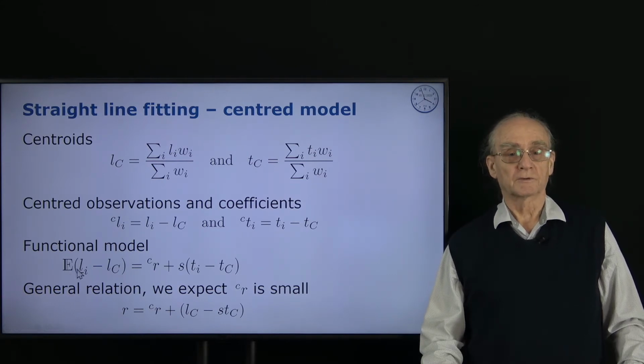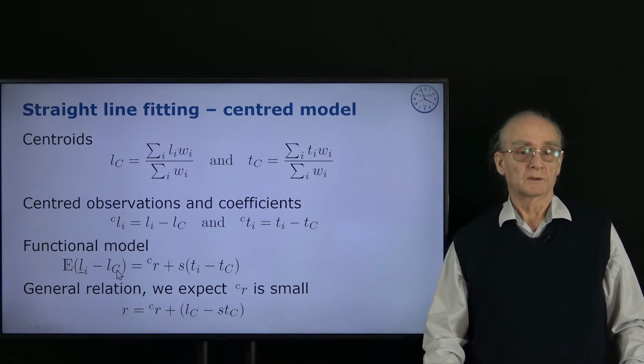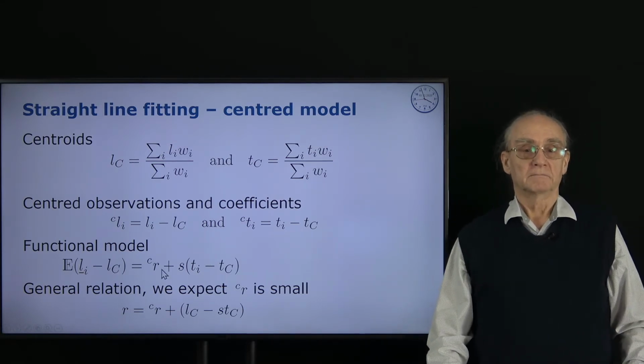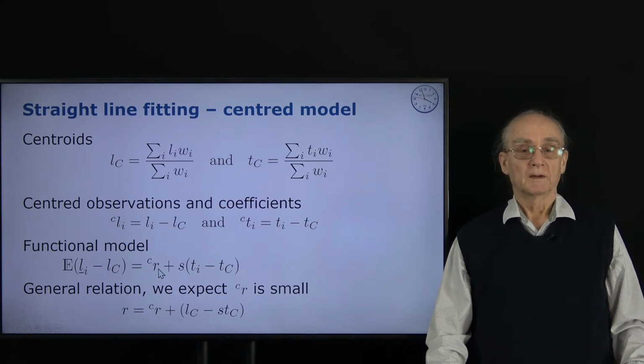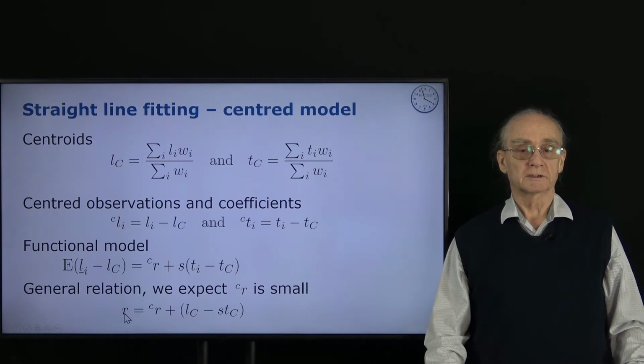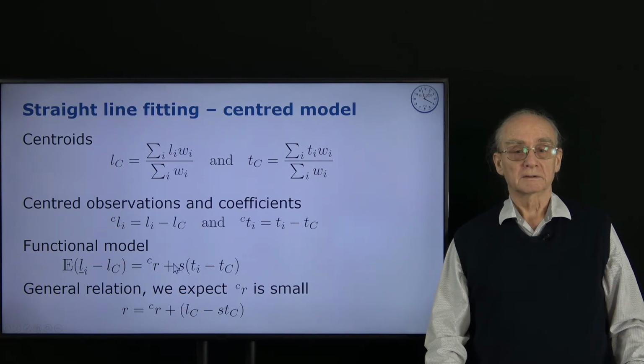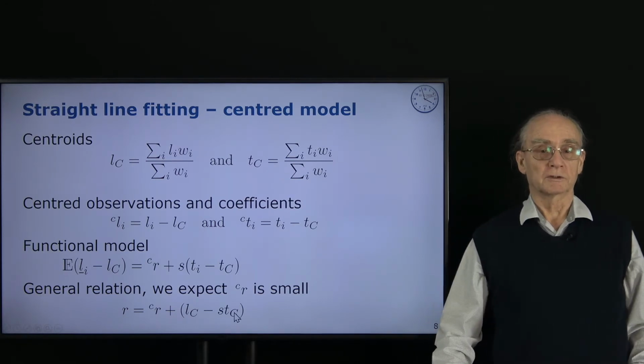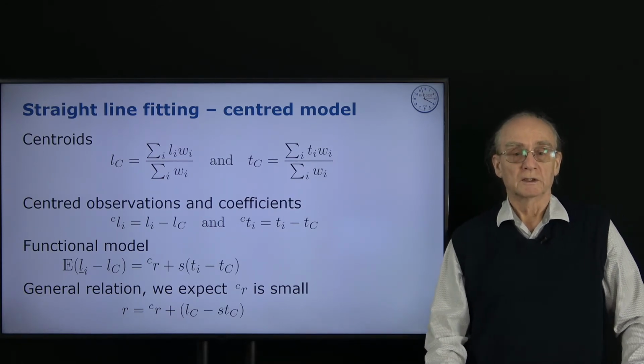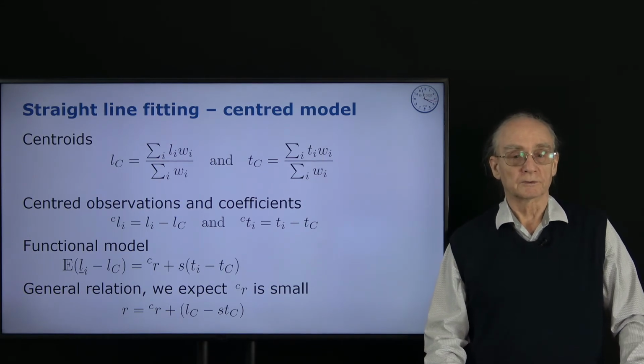We take the expectation of our observed data minus the centroid is some different translation now, plus the scaling of the difference between our given data minus the centroid. And if we now compare this, we find out that the original translation is identical to RC plus LC from here minus STC. So this is a very general relation which transfers to 3D, 2D, and we will use this in the following.